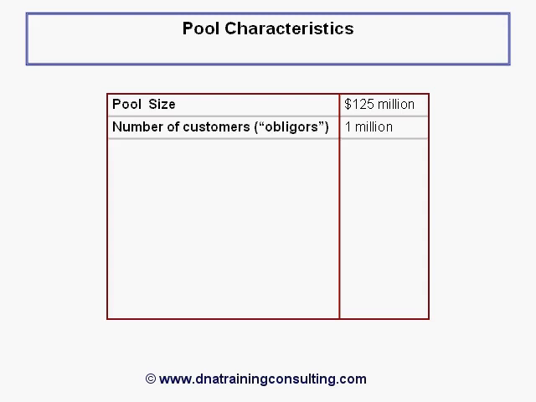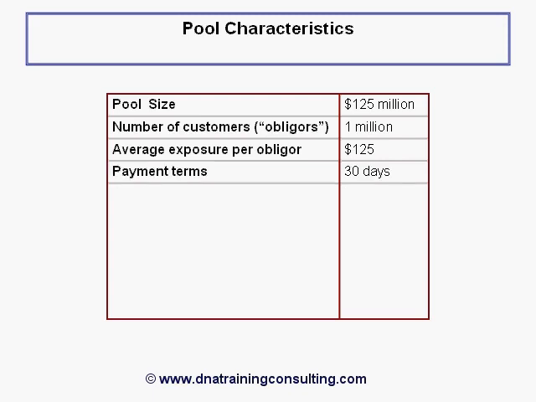Total number of customers or obligors in the pool, 1 million, from which it follows that the average exposure per obligor is $125. Each obligor is granted payment terms of 30 days from the time the invoice is issued.